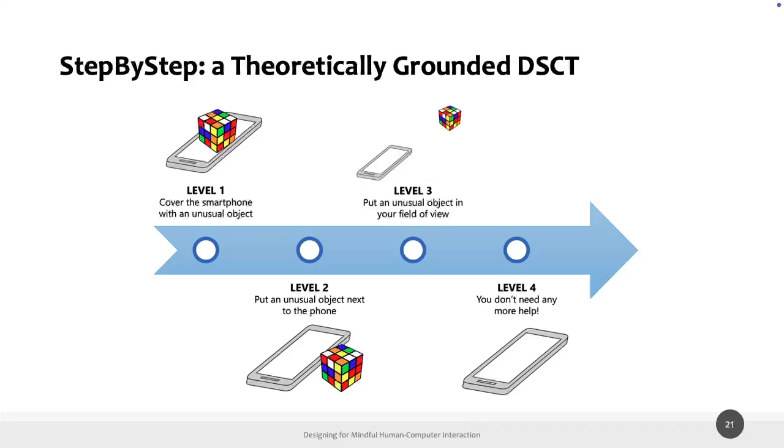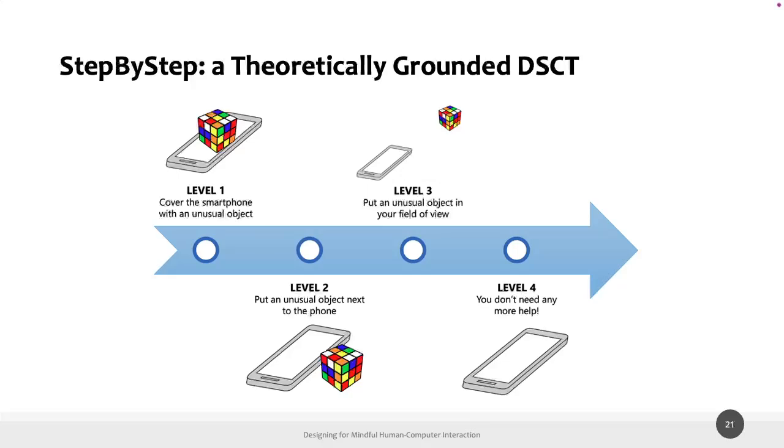I know that there is this specific object on my smartphone because I don't want to use the smartphone right now. And then if I'm able to respect this intention in specific contexts, the intensity of the intervention slightly decreases over time. So in level 2, the app asked me to put the object near the smartphone.